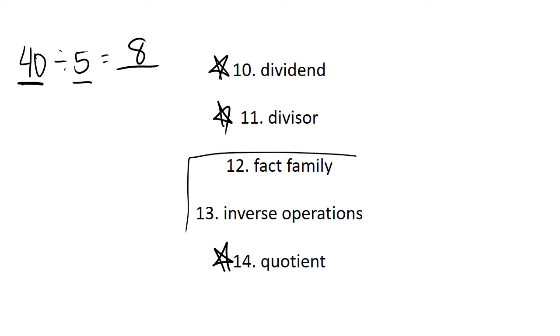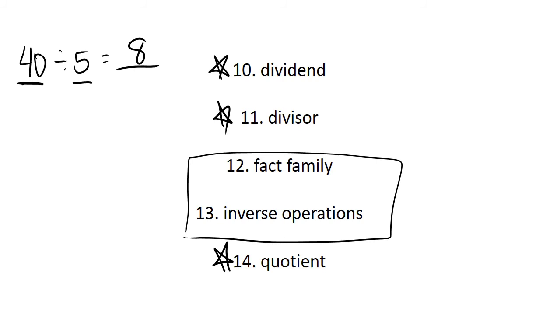So for our other 2, fact family and inverse operations. If we remember, our fact family are those 4 different math sentences using the same numbers. The different math sentences using the same numbers is called the fact family. So in our book, it says a group of related facts that use the same numbers.